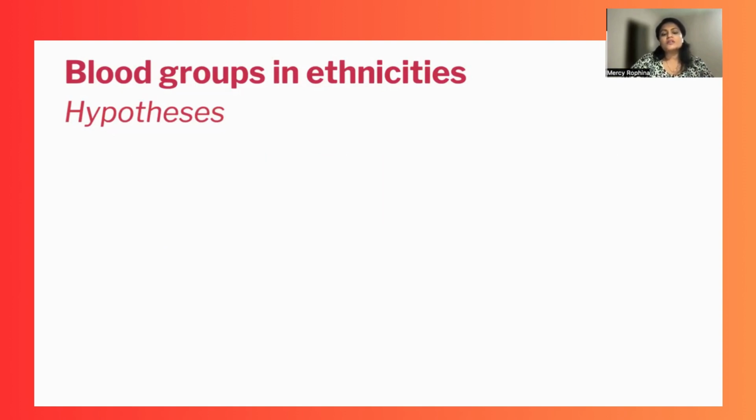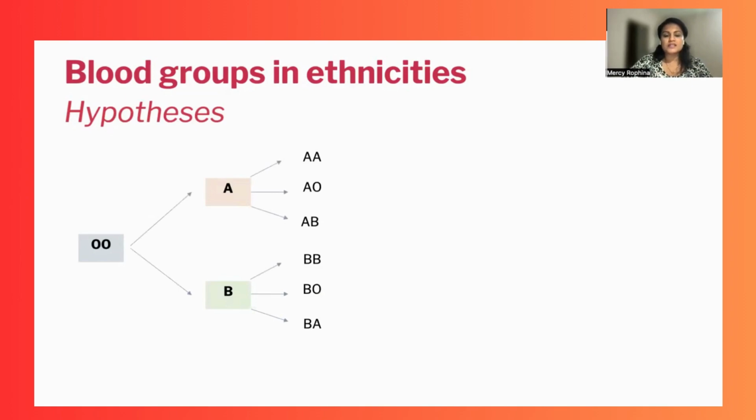Talking about the other two hypotheses, which put an emphasis on the emergence and divergence of these blood groups, the second hypothesis says that in ancient times, the only blood group which was prevalent was the O blood group, which means there was no expression of either the A antigen or the B antigen.